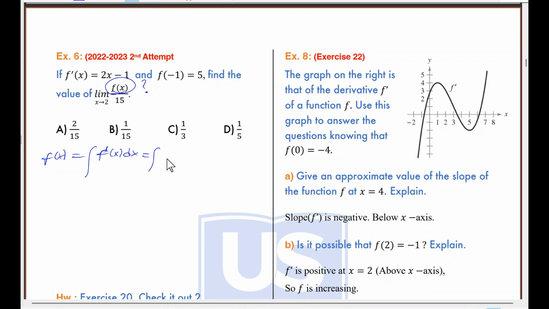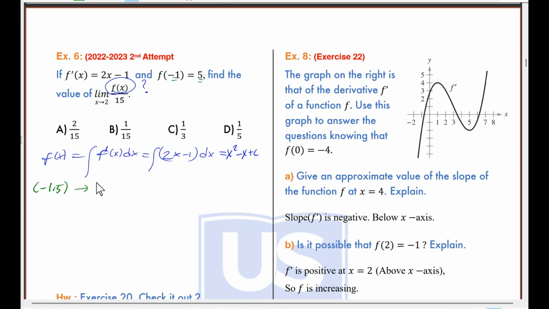So my derivative is 2x minus 1. Now, integral of 2x minus 1. Integral of 2x is 2x squared over 2, which is x squared. Integral of 1 is x, and I have plus c. Now, use this point. What is the point? Negative 1 for x, 5 for y. Negative 1, 5.